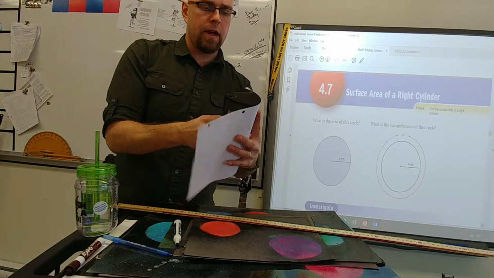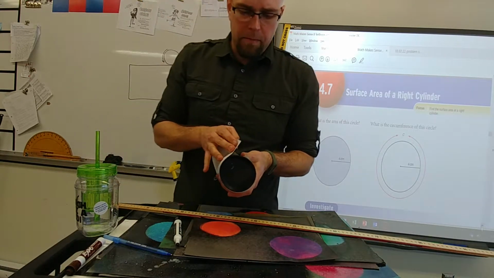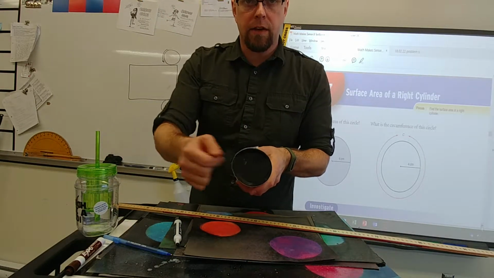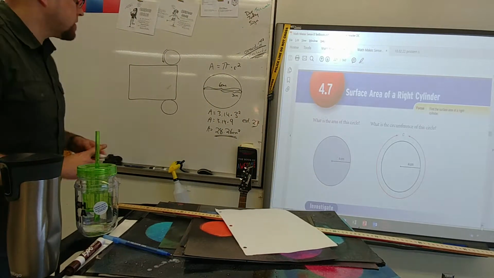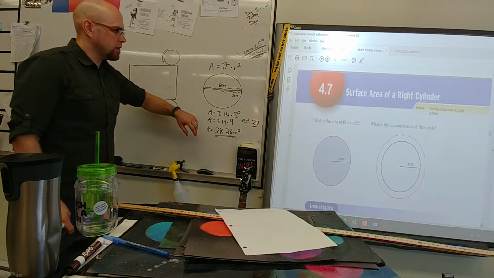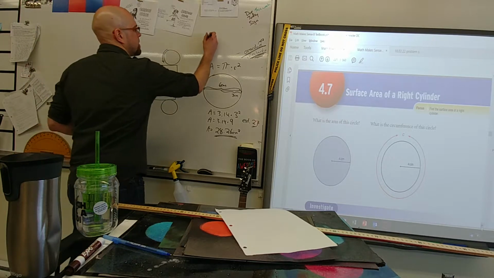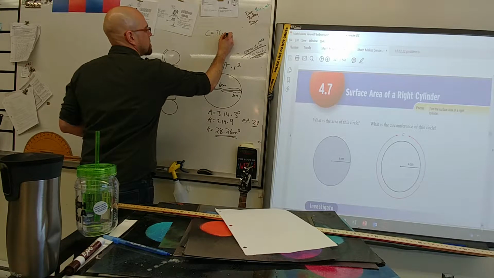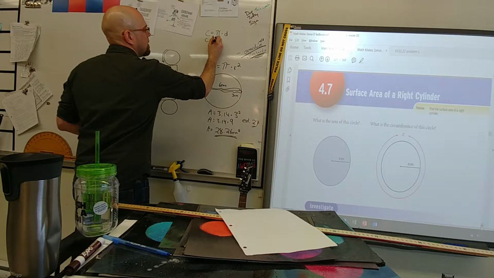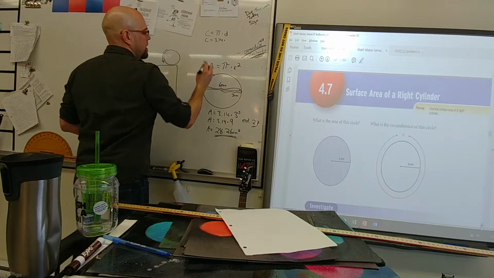If I wrap this around my cup, where it meets is the size of the circumference of the circle. So I can find the circumference of the circle. Well, let's review circumference of the circle as well. Circumference equals pi times diameter. Well, we know pi, and we know the diameter.